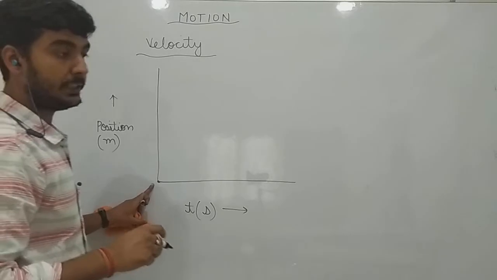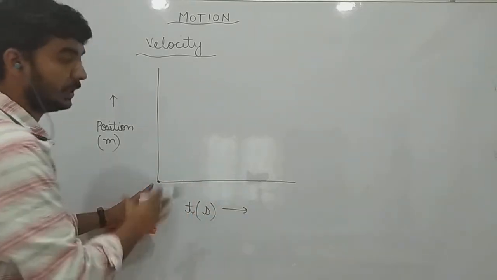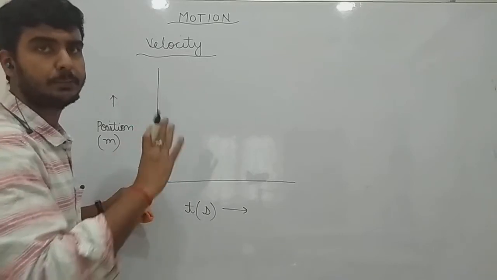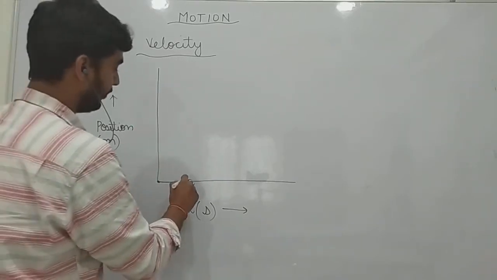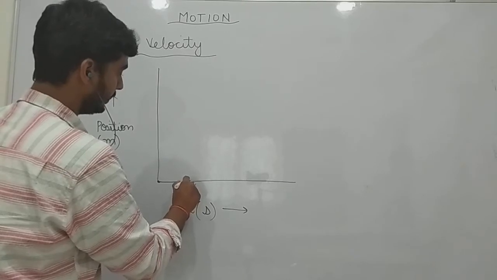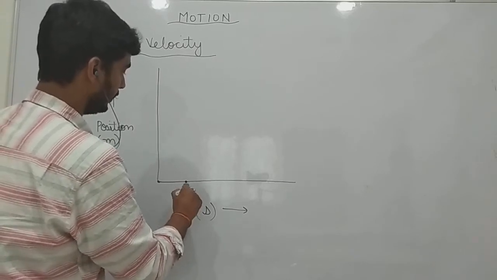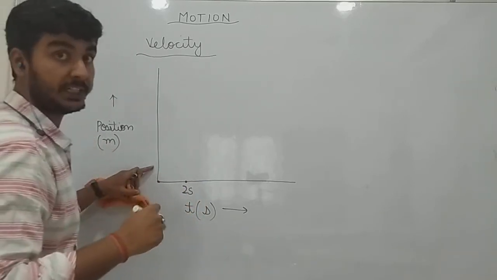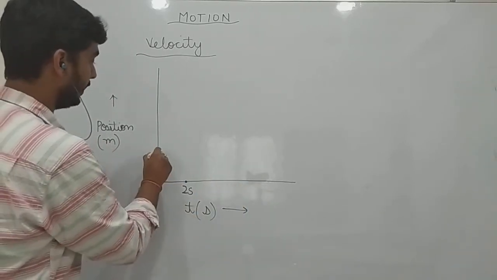Now t equal to 0. The object was at the starting point, so there is no position, or you can say its position is 0. After some time, suppose t equal to 2 seconds, the position of the object from the reference point becomes what?